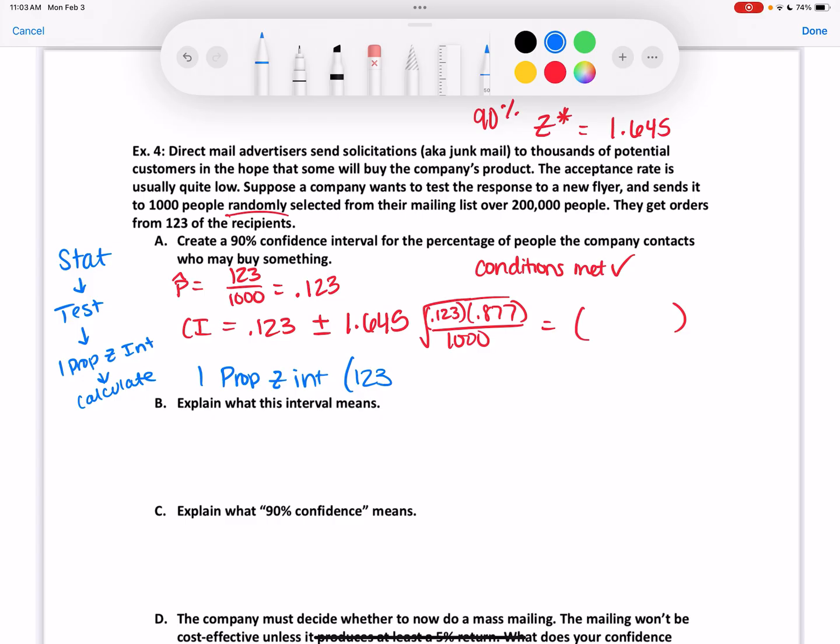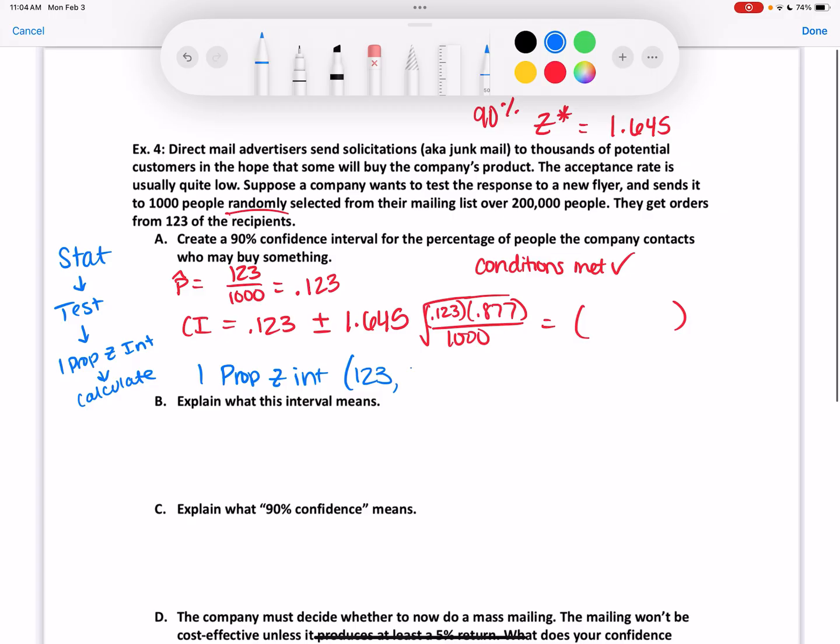Then it asks for n, the total number of people that it went to, so 1,000. I misspoke when I said x is the amount of people who responded. n is the number of people that it went to, so that's your actual sample size. x is the number of people who respond, or whatever the thing we're trying to find is.